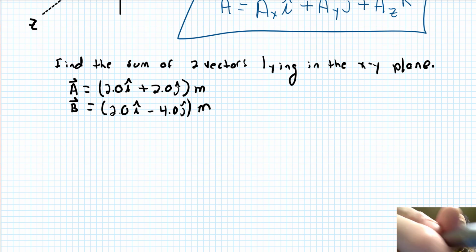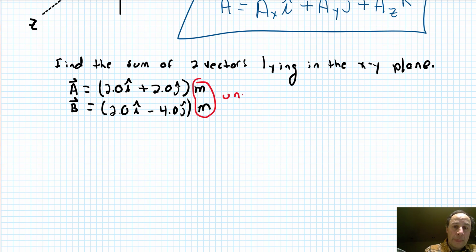Note that we place the units at the end of the vector. It gets cumbersome if you place them after every component. Just easier to put them at the end.